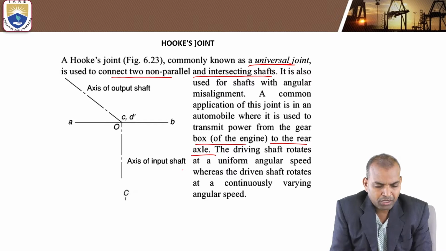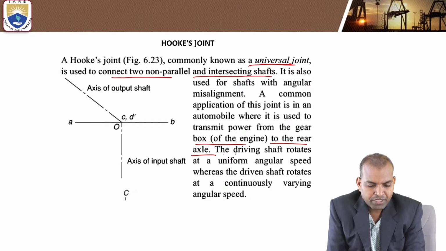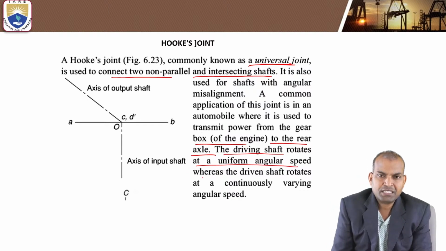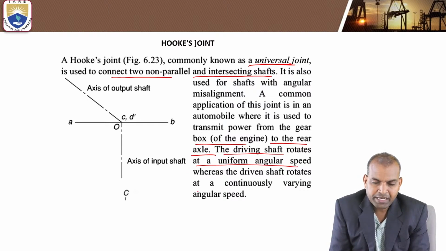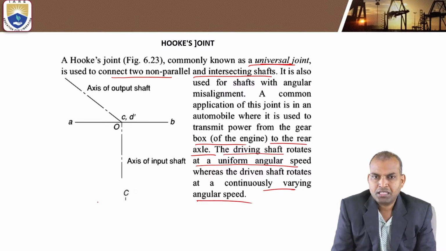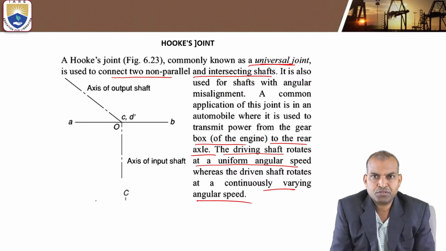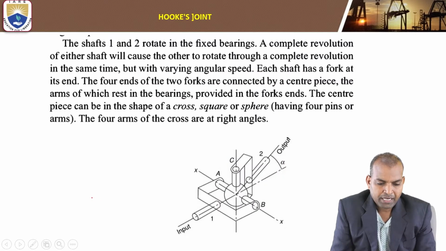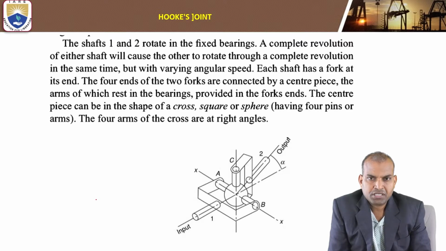The driving shaft rotates at a uniform angular speed, whereas the driven shaft rotates at a continuously varying angular speed. So it is not the same. The angular speed varies from driving shaft to driven shaft. Next, there are two shafts as I mentioned here.